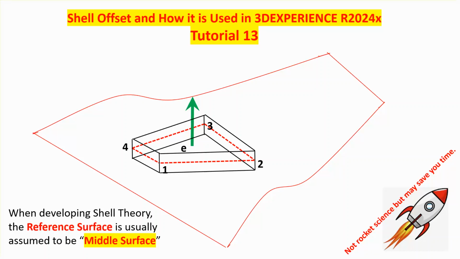But generally speaking, we don't draw those top and bottom surfaces. We draw it like that. But we understand that in this particular situation, this dashed four-noded element is on that surface, which is the middle plane.